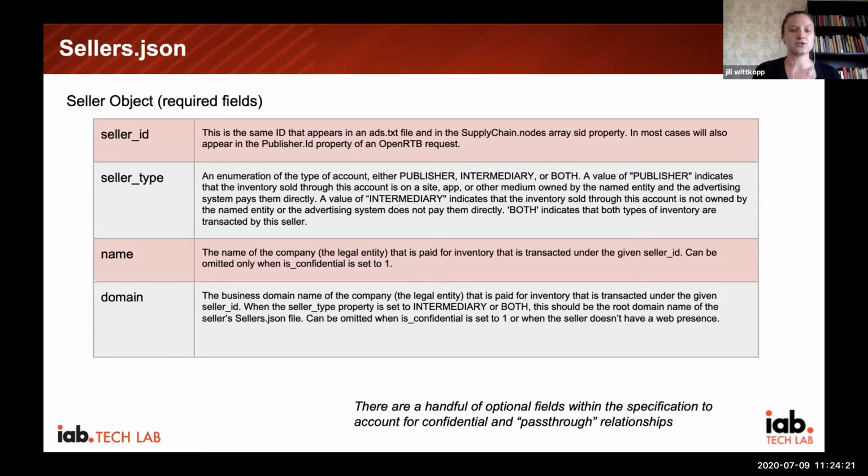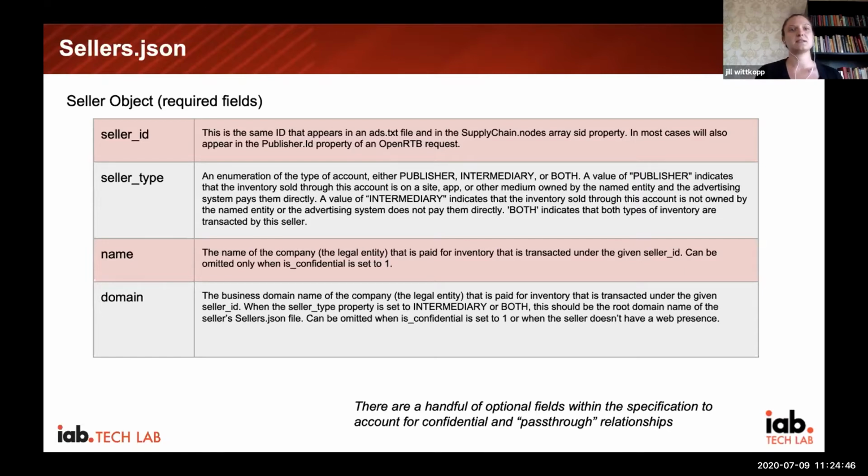things like confidential or pass-through relationships. So there's some more nuance within the sellers.json object. But the fundamental pieces here are that an advertising system can post the seller ID, seller type, name, and domain. We like to talk about it as the inverse of ads.txt.